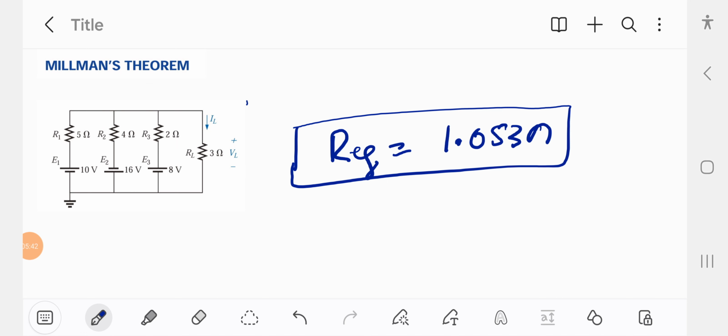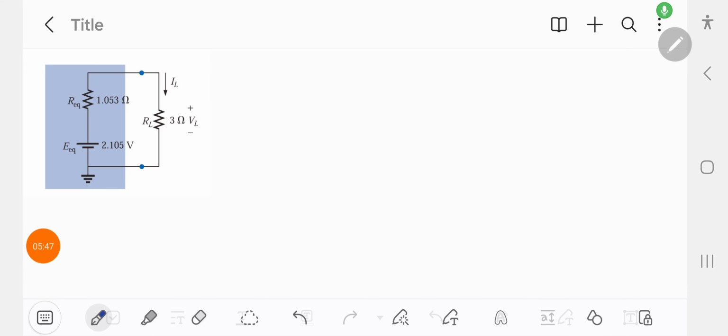So our final circuit will look like this: R equivalent and E equivalent. We can easily find the IL current, which is the load current.